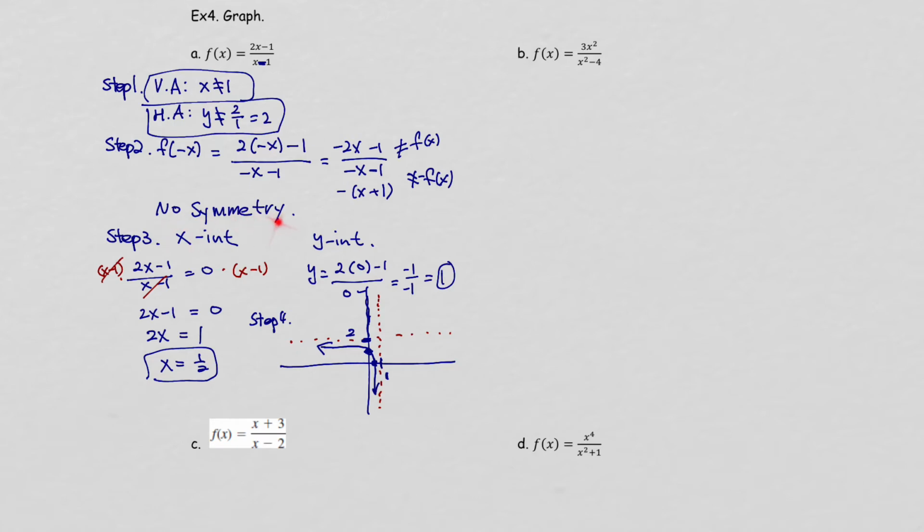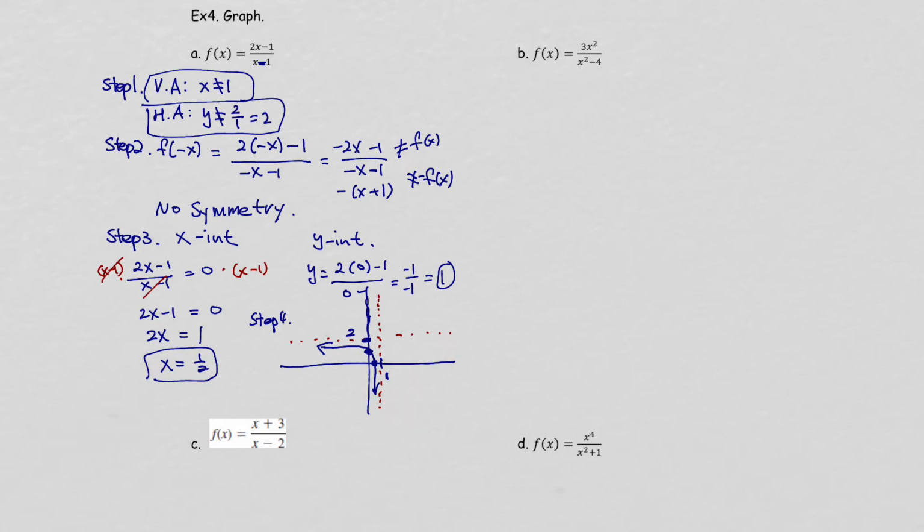But it was no symmetry, so we don't know where it's going to go, if it's going to be in this quadrant or this quadrant, right? Because your vertical asymptote and horizontal asymptote cut it into 4 pieces. Since we found the graph on the left side, we need to find the one on the right side.